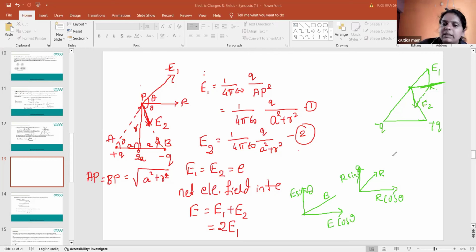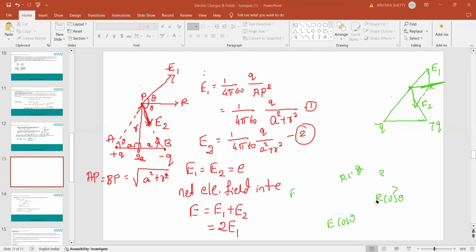Correct? So as you are seeing in the figure, the resultant is along what? It is along the y-axis. Yes or no? You can see in the figure. So since the resultant is along the y-axis, the resultant field intensity is written as 2E cos theta. Your resultant electric field intensity is along the y-axis.